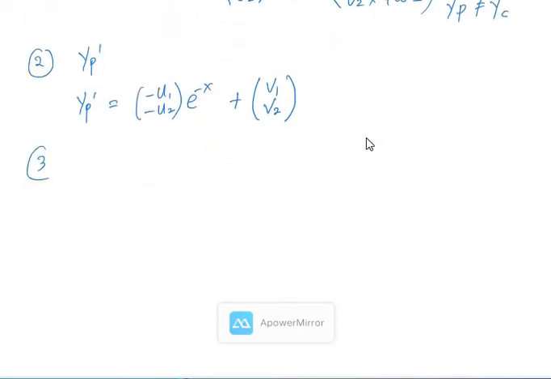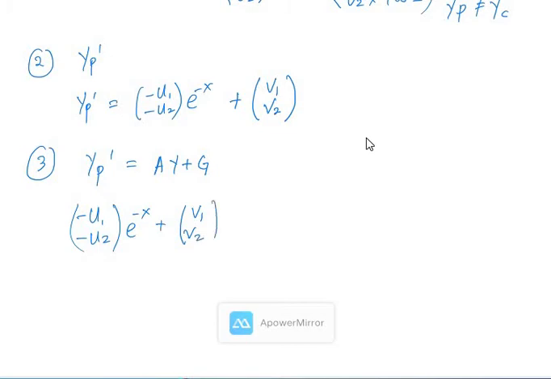Okay, and then step number 3 is yp prime equals Ay plus g. So you write down yp prime is negative u1, negative u2, exponent negative x plus v1, v2, equal to A. A is the matrix, so negative 3, 1, 2, negative 4. And y is the latest yp.